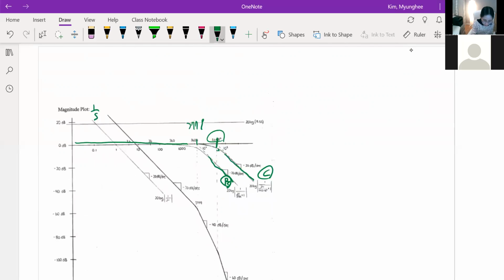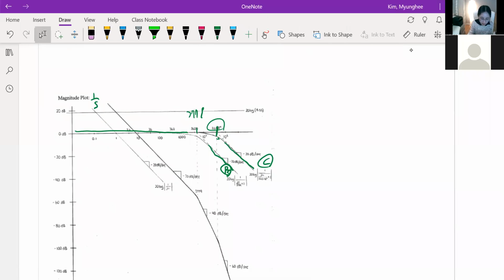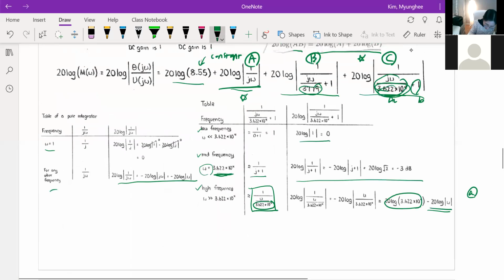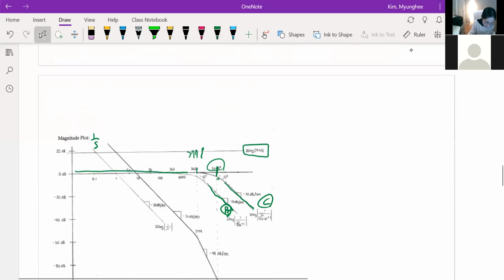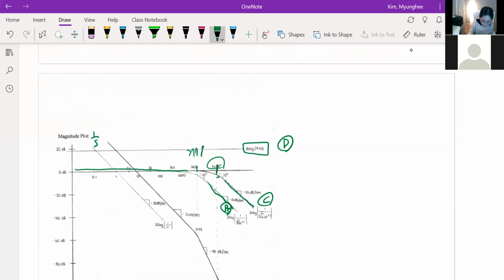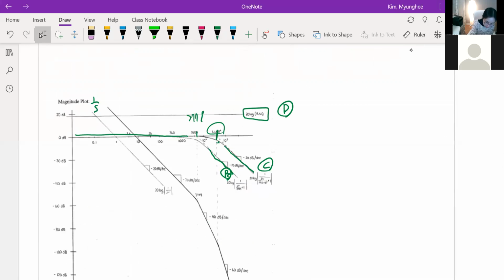And then this is a pure integrator. What you do is just add, and then this is the first part, which was the constant. So we even need, let's say D. This is the constant part, which was D. What you need to do is add everything together.